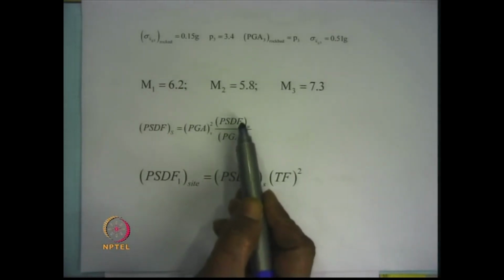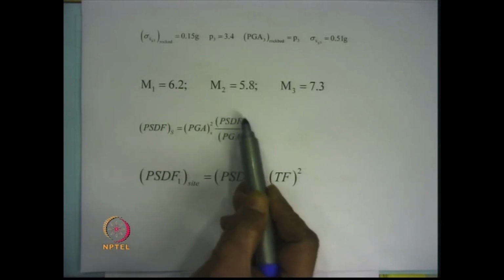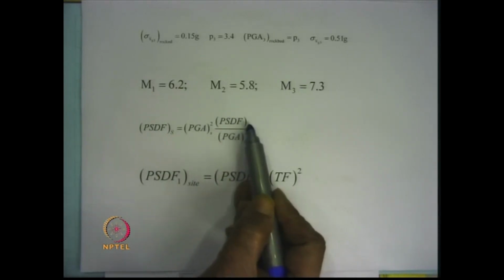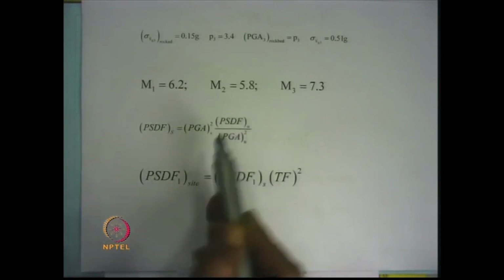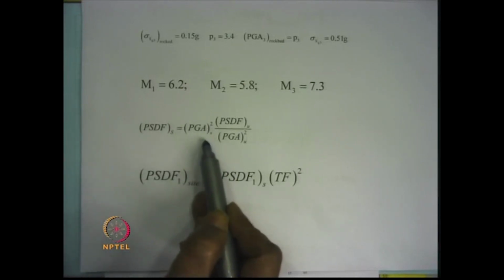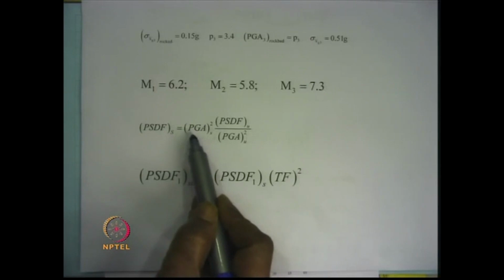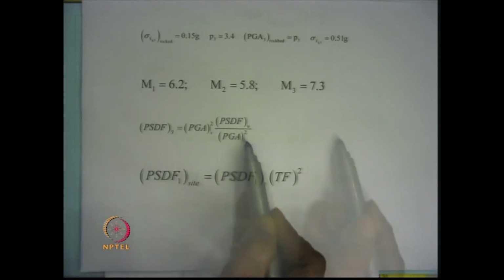This is the unmodified power spectral density function of the ground acceleration at any particular location, say location 1 at the rock bed level, and that is now multiplied by PGA square S, that is the PGA that we obtain for the site for which you want to draw the site specific spectrum, divided by the peak ground acceleration for that particular location.